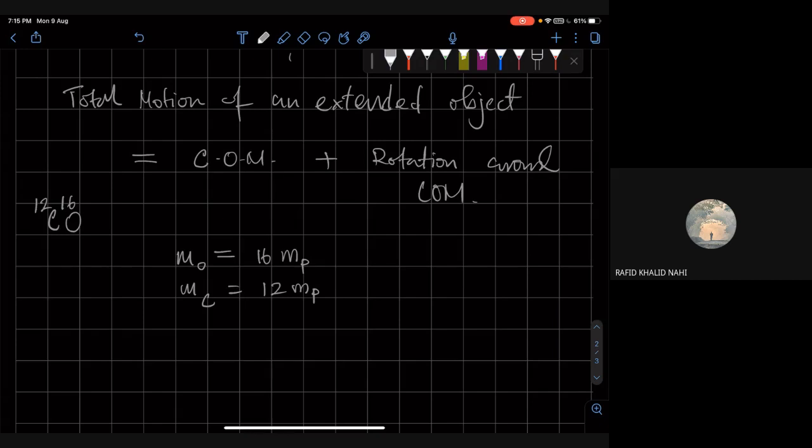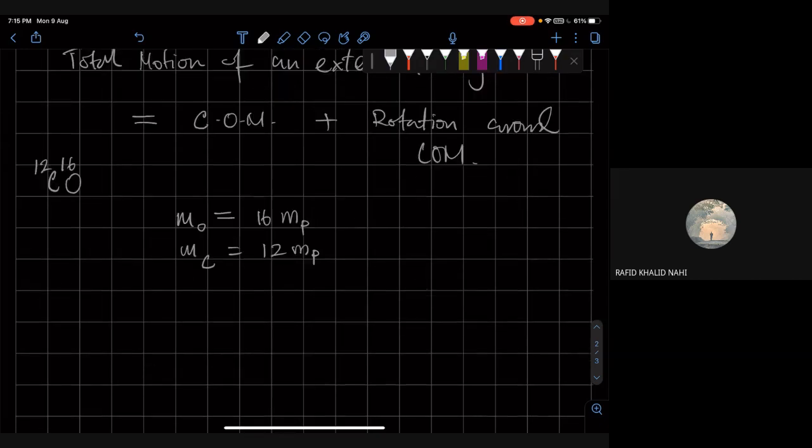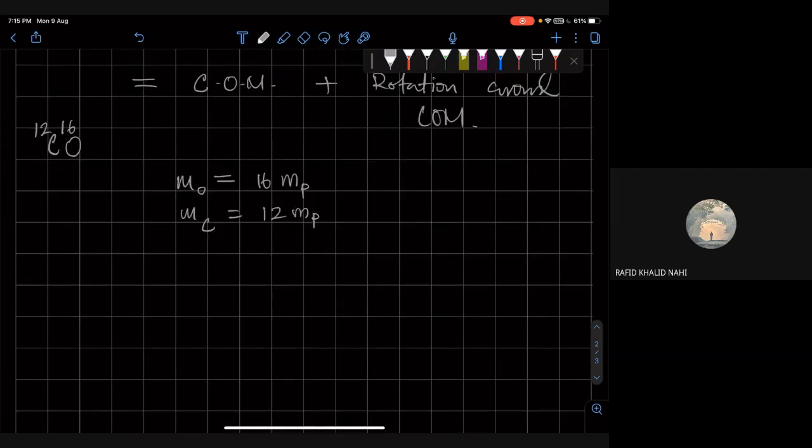Now suppose the distance between them is S. What do I know about the distance from the carbon to the center of mass?